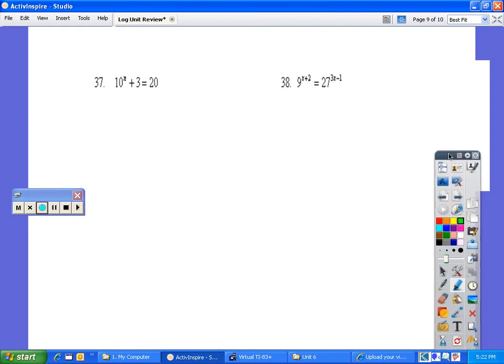So this one here is called exponential to log. So what I'm going to do is first isolate by getting rid of the 3. And now I have 10 to the x equals 17.